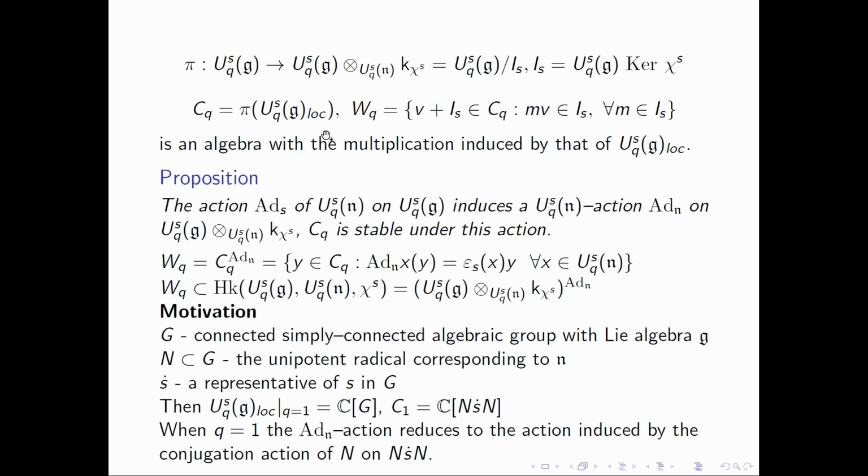And let's consider the projection of the locally finite part onto the quotient. So then let me define the double algebra as the subspace of classes which belong to this projection, which I denote by C_q, which are invariant under the action of the left ideal generated by the kernel of chi.